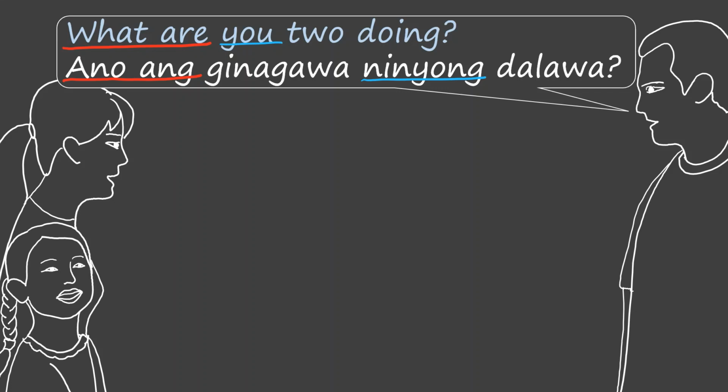Now, we added an ng at the end because it serves as a connector, a transition to the next word. We just attach it to ninyo because it ends in a vowel and it rolls better to say ninyong. Two, dalawa. Doing, ginagawa.